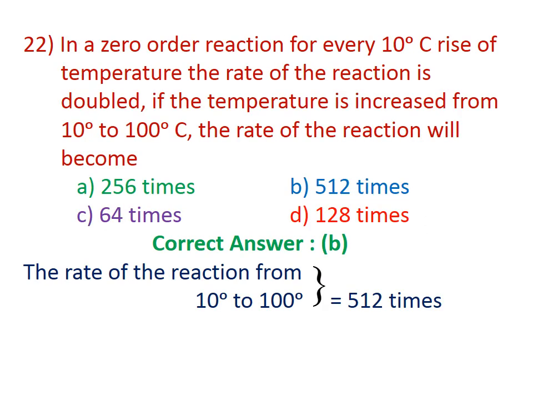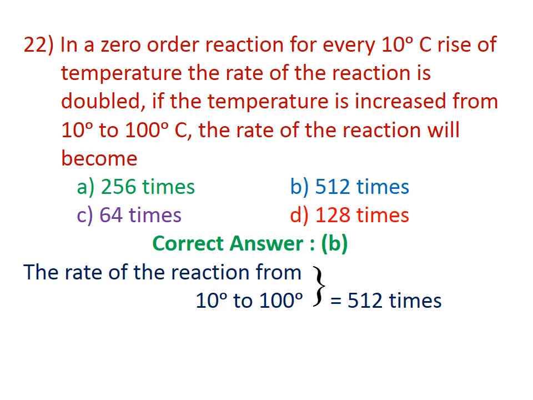22. In a zero order reaction, for every 10 degrees C of temperature rise, the rate of the reaction is doubled. If the temperature is increased from 10 degrees to 100 degrees C, the rate of the reaction will become. Here the temperature rises from 10 to 100 degrees C, the rate will be equal to 2 power 9.